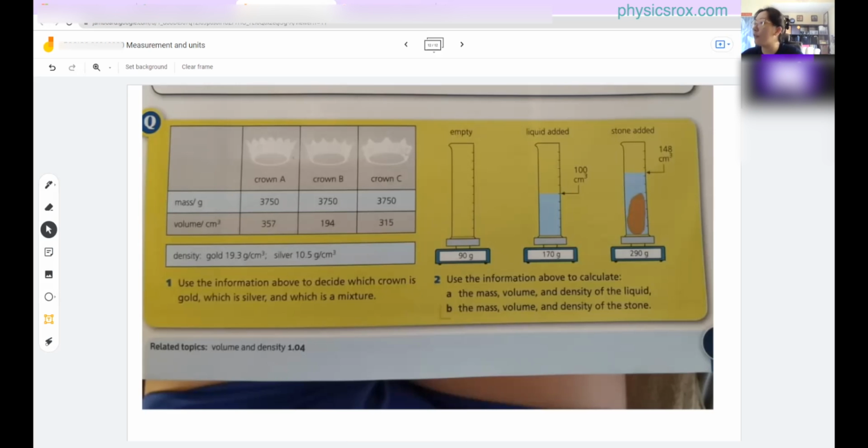Okay. So give me your answer for question 1, since all of you managed to answer question 1. Which one is the gold? Which one is the silver? Which is a mixture? Okay, so gold is which one? A, B, or C? Okay, so gold, I'll write here the answer.